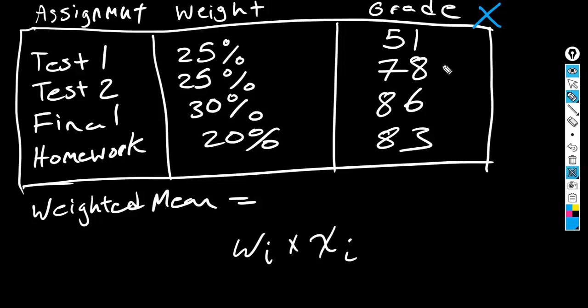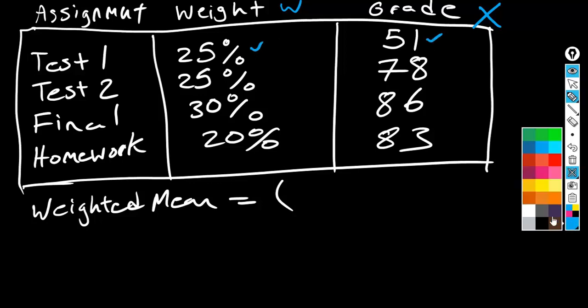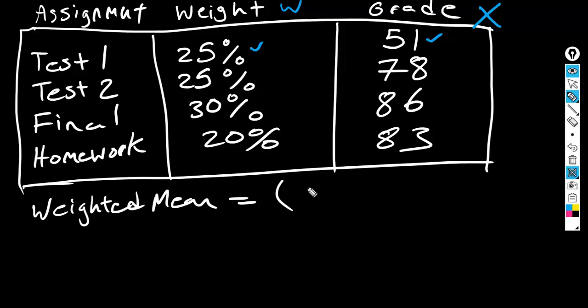These are our XI's, and the weights, conveniently labeled, those are our W's. For each pairing, we would say weight 1 times x1, or grade 1. So 25% times 51. Then we would just go down the list.